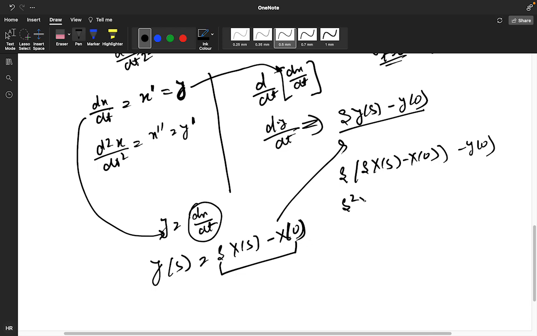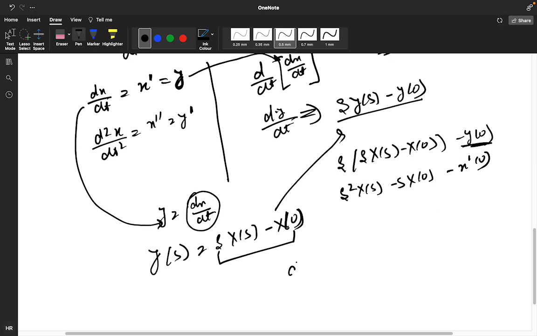So what I am getting is s square x of s minus s x of 0, and y of 0 means what? I can represent it as x dash of 0. Now what is the meaning of this? Suppose you have x equal to t cube plus 4t square plus 5, like this.